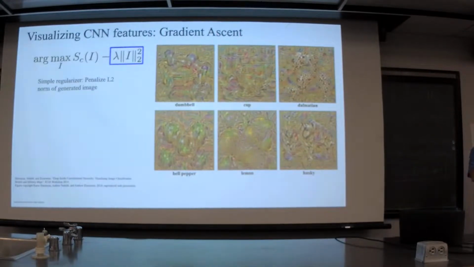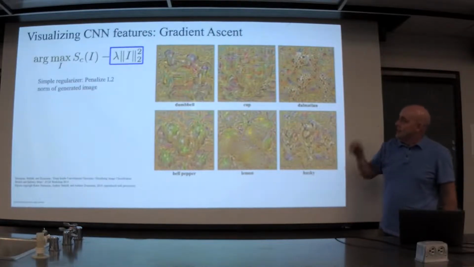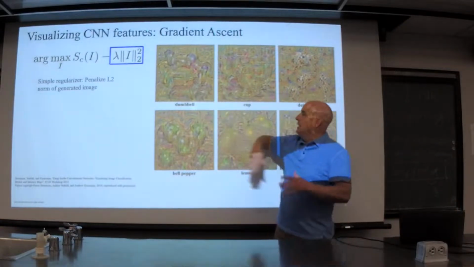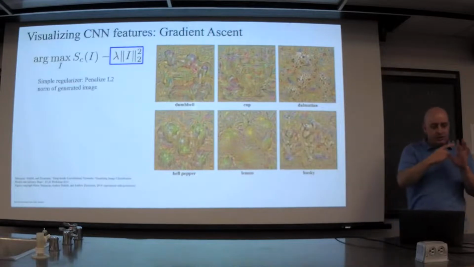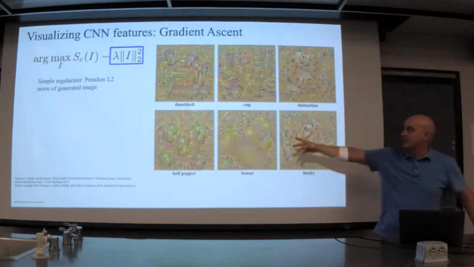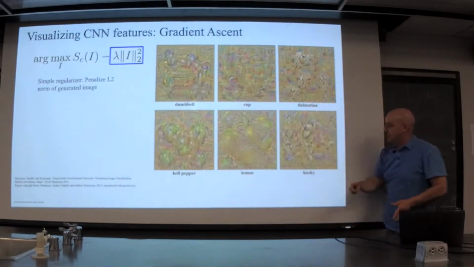It's probably because there are a lot of dog pictures on the internet. That's really what it comes down to. So this is what you get from starting from zero and running this gradient ascent on the pixels to maximize, in this case, the dumbbell class score, the cup class score, the Dalmatian class score, and so forth.